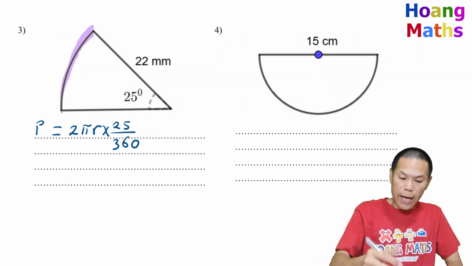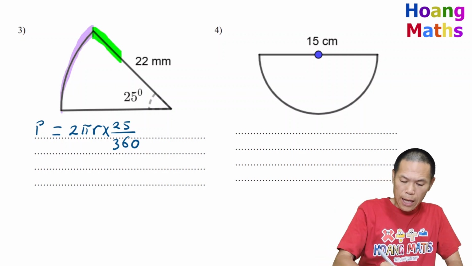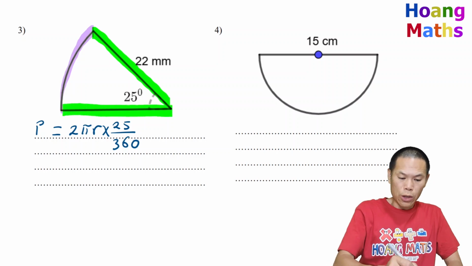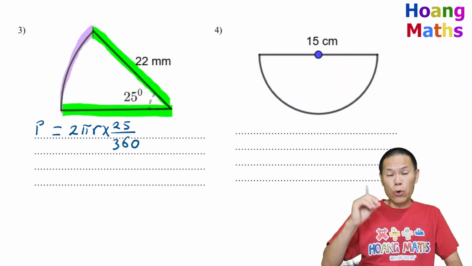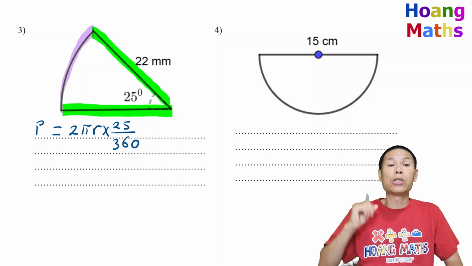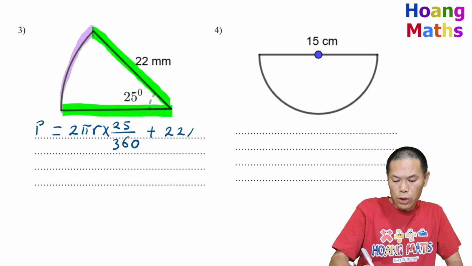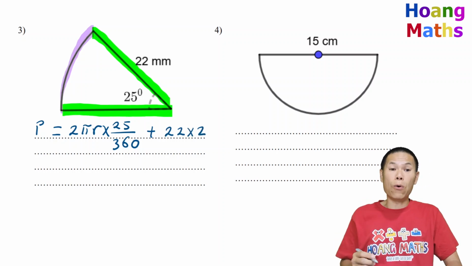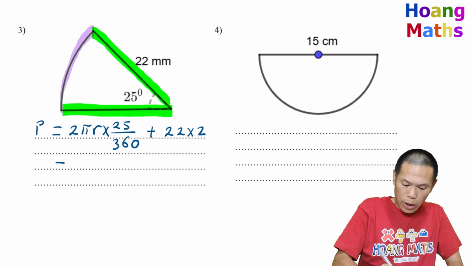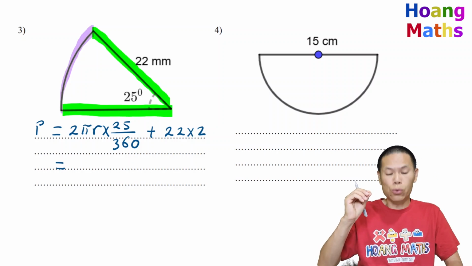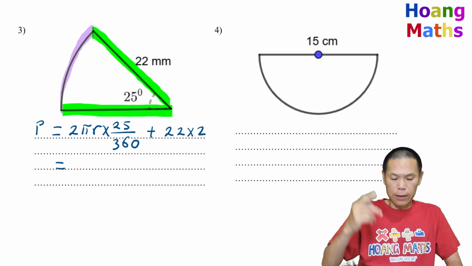And we just need to add the radius. This length here, that is 22, and we add another 22. So that is 44. Or you can just write plus 22 times 2 if you wish. So I just substitute the radius, that is 22, for r.